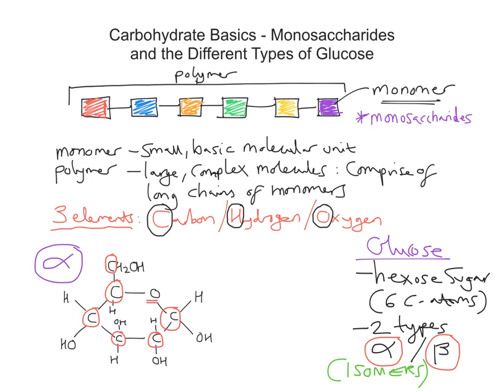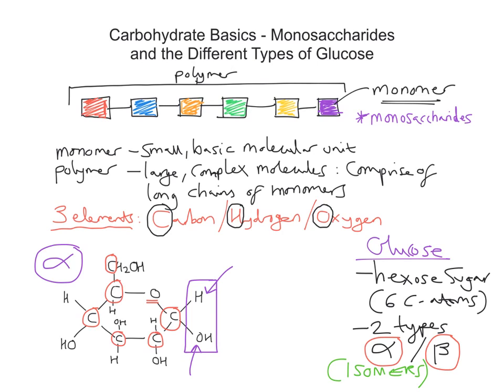Careful, it's not at that point where you might suspect. So there are 6 carbons. But the only bit that really matters in this point is here. Alpha glucose has the hydrogen at the top of this image. So the hydrogen for alpha glucose is here, and the OH, the hydroxyl group, is on the bottom.